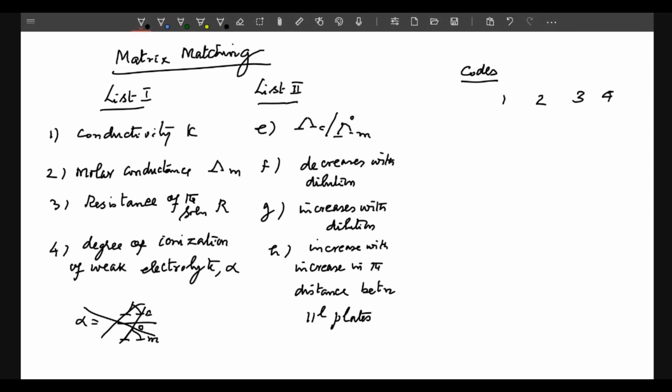A option: F, G, F and H, G and E. For the same, two different answers are there.